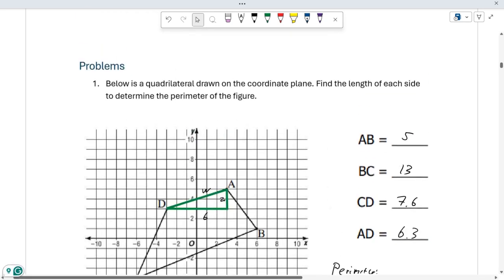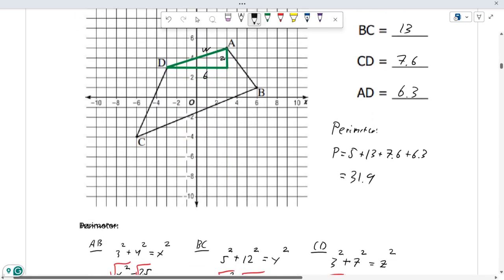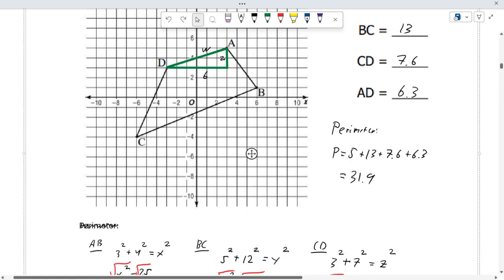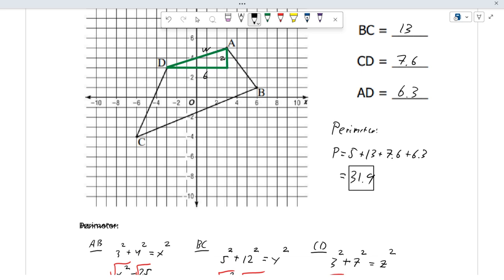I don't think we're given units for this question. No, it's on the coordinate plane. So our perimeter is just 31.9. Let's see if I can make that a prettier box. So 31.9. That's number 1.